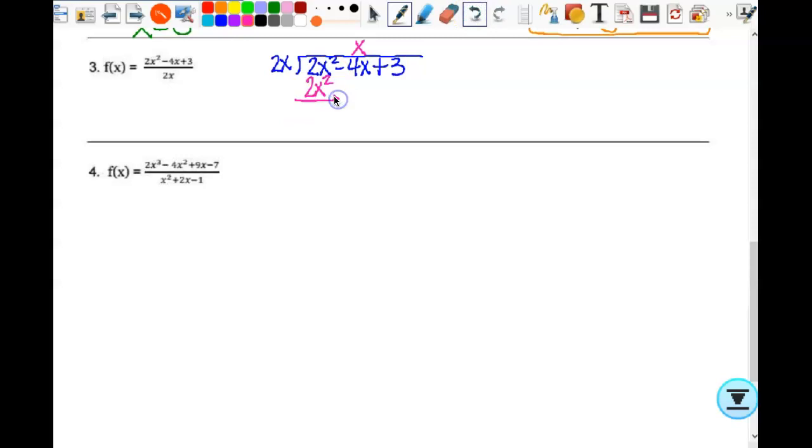That's all I get. And then I change the sign. Those cancel out, bring down my negative 4x. So then I get a negative 2 right there, right? That gives me negative 4x. Change my sign and get 0. And then this is going to give me my remainder. So really once I get to that point, I don't have to finish the whole thing. So my slant asymptote is y equals x minus 2.